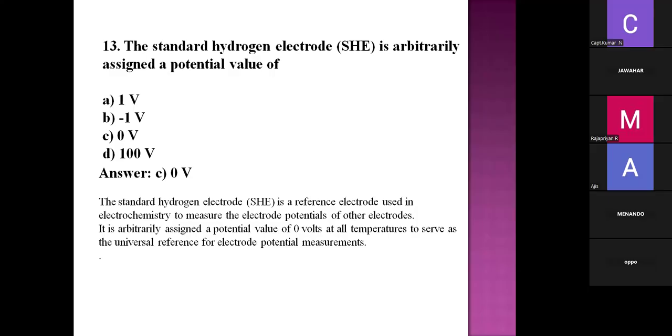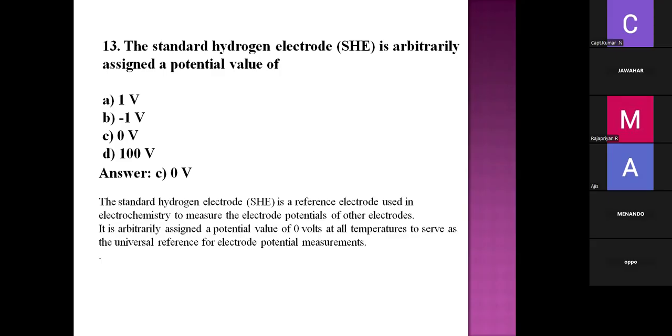Other options: 1 volt. The value of 1 volt does not correspond to any standard reference electrode. It is not arbitrarily assigned to the standard hydrogen electrode. Electrode potential measured with respect to the standard hydrogen electrode may vary and can be above or below 1 volt, depending on specific electrode half reactions.